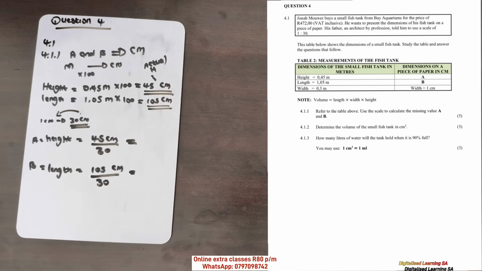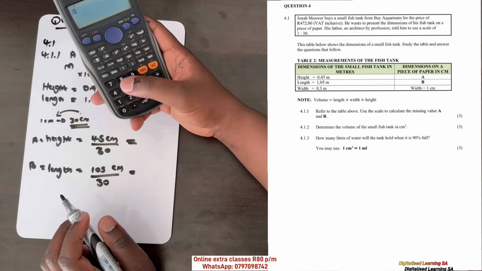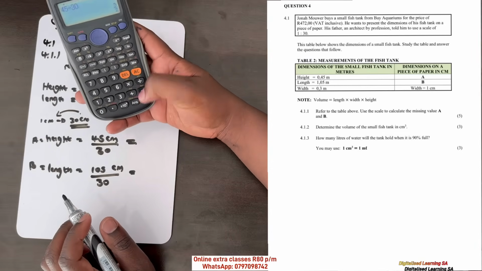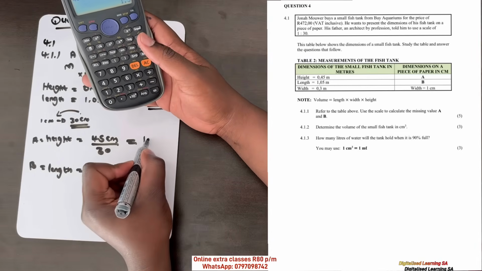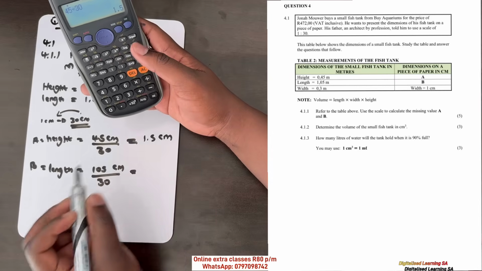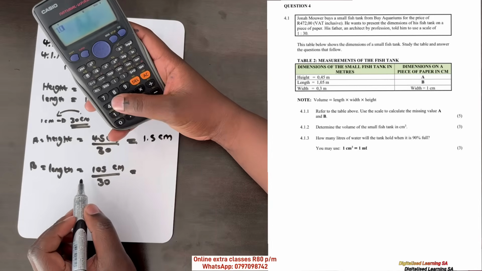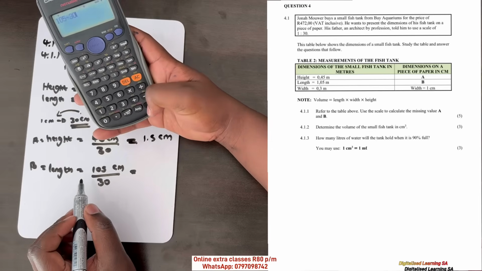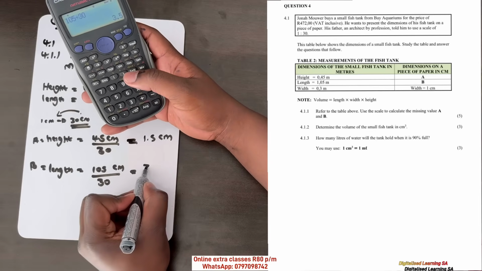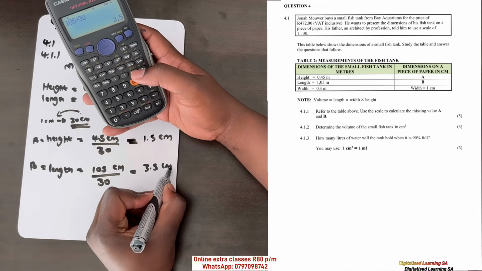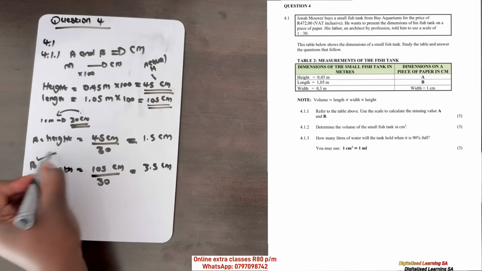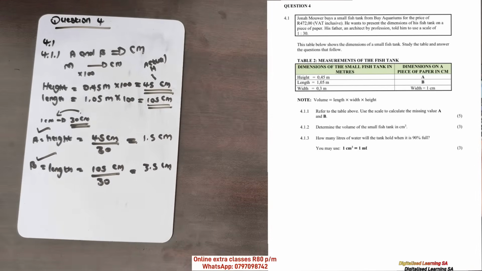So 45 divided by 30 is equal to 1.5 centimeters, and 105 divided by 30 is equal to 3.5 centimeters. So now we have answered our A and our B.